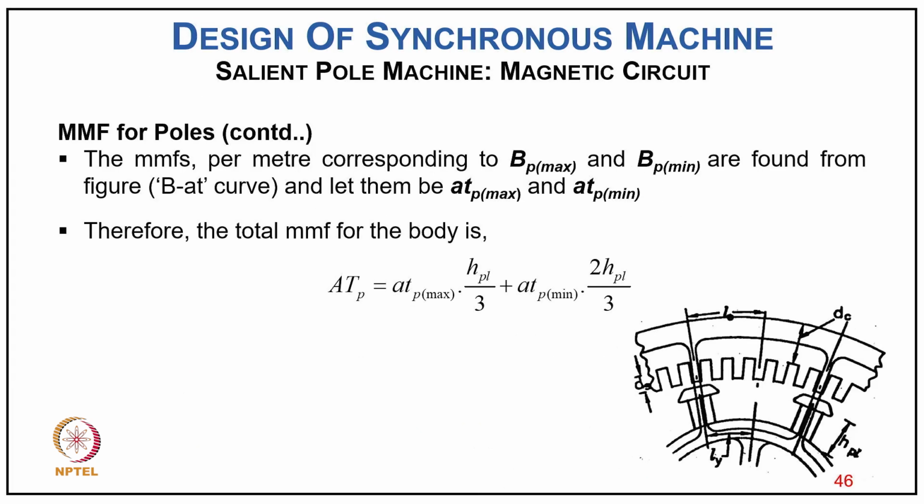For the poles, the MMF per meter corresponding to Bp max and Bp minimum are found from the B-AT curve, and let them be ATp maximum and ATp minimum. Therefore, the total MMF for the body is ATp equal to ATp maximum into hpl divided by 3 plus ATp minimum into 2 hpl divided by 3. That gives the MMF required for the complete pole body.